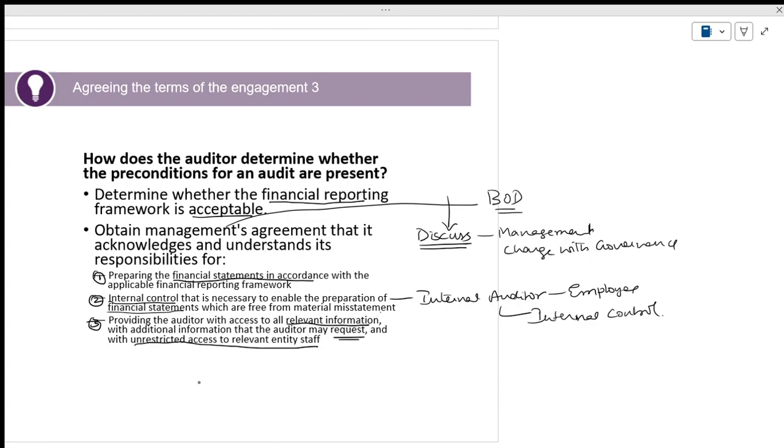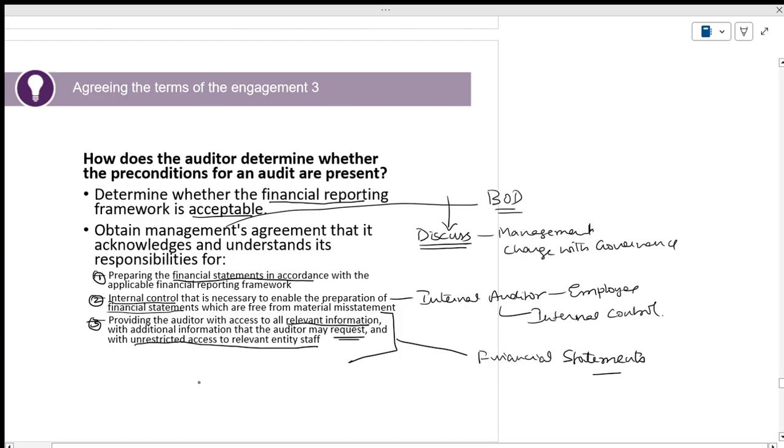If you read this sentence, you will understand that the auditor should have unrestricted access to basically anything related to the financial statements. Anything related to finance, you should give complete access.